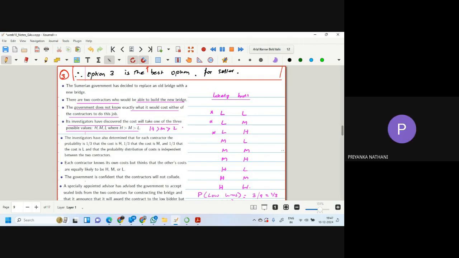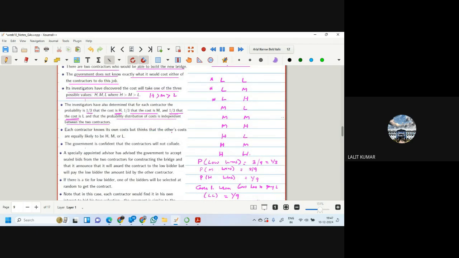The investigators have also determined that for each contractor, the probability is 1 by 3 that the cost is H, 1 by 3 that the cost is M, and 1 by 3 that the cost is L, and that the probability distribution is independent between the two contractors. Each contractor knows its own cost but thinks that the other's costs are equally likely to be H, M, or L. The government is confident the contractors will not collude.